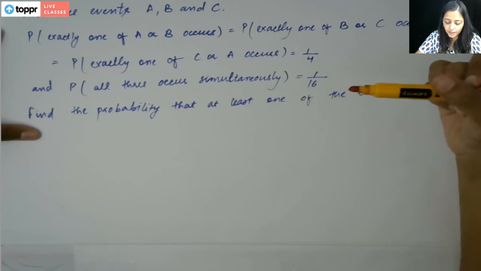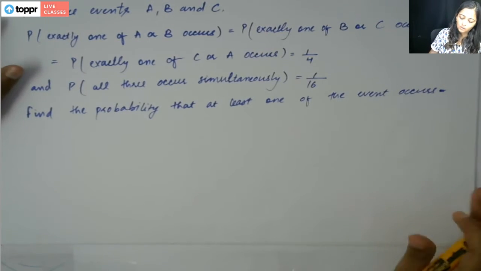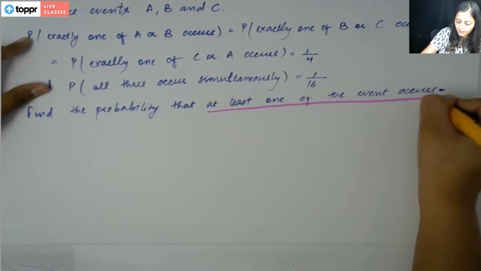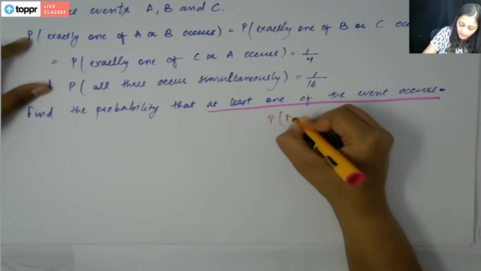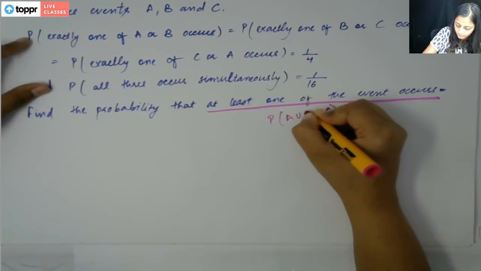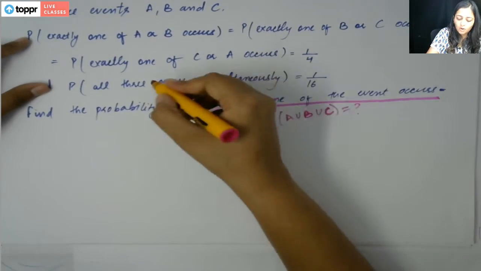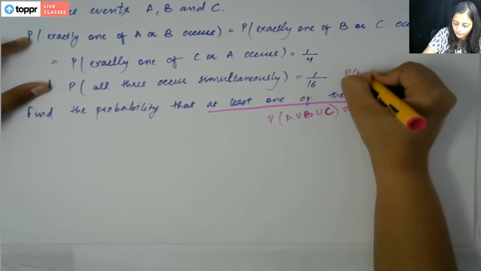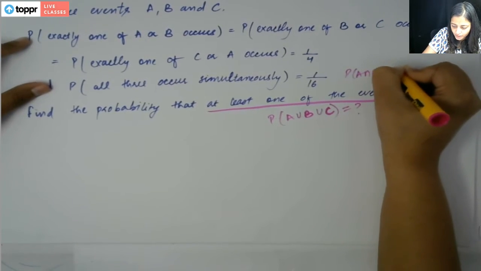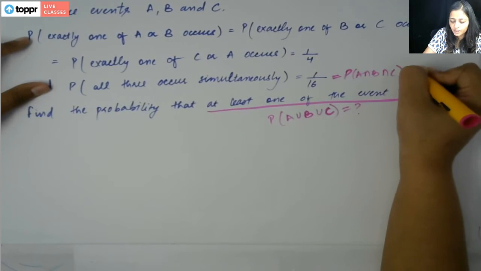We have to find the probability that at least one of the events occurs. So at least one of the events occurs is probability of A union B union C. Okay, so we have to find this. All 3 occurring is probability of A intersection B intersection C, so we have been given 1 by 16 as probability of A intersection B intersection C.